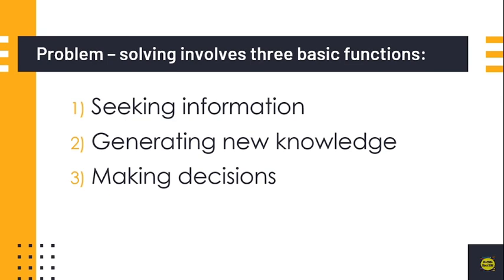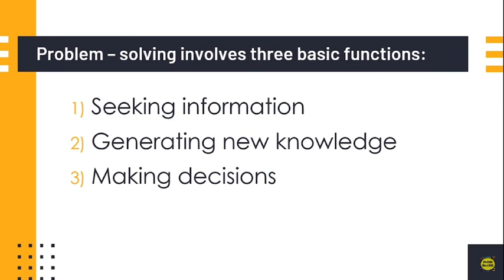Number one, class, we need to seek more information. We need to know that information. Number two, after that, we need to generate new knowledge about that information or the problem. And number three, making decisions.